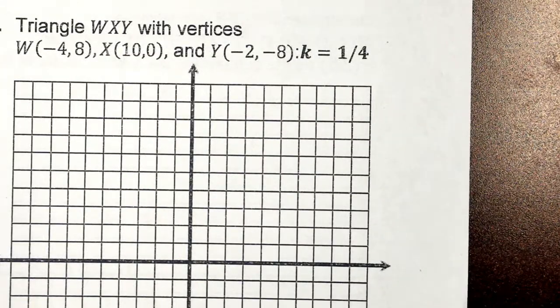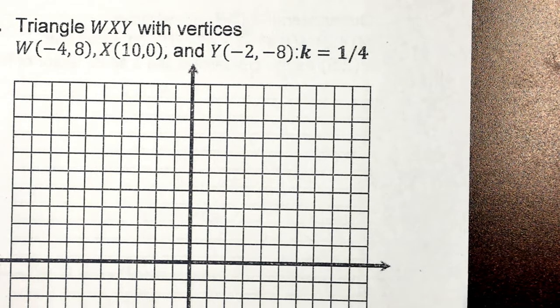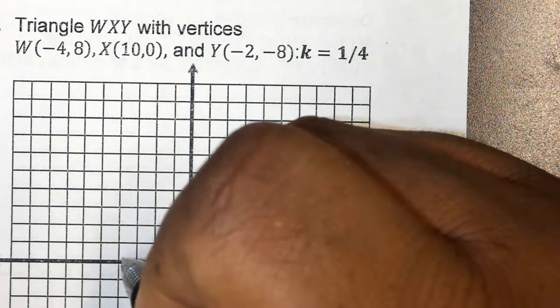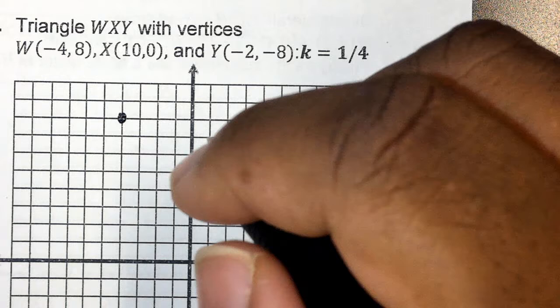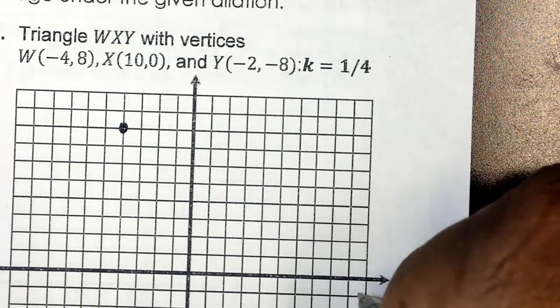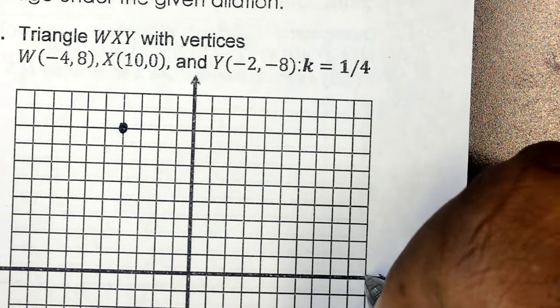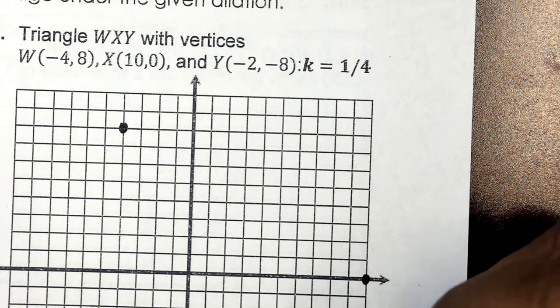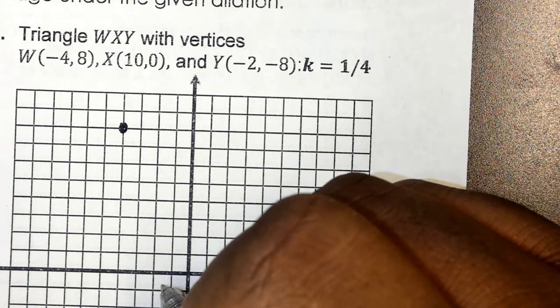Next one, number 2. This triangle, they want us to reduce it by a scale factor of 1/4. Graphing. -4 up. 1, 2, 3, 4, 5, 6, 7, 8. 10, 0. It's way over here, isn't it? Yeah. And then -2, -8.